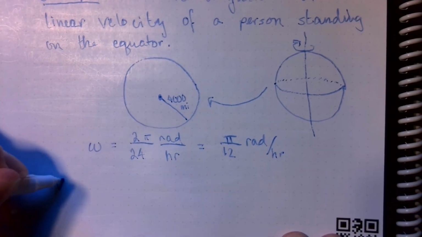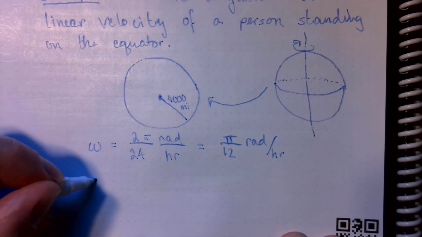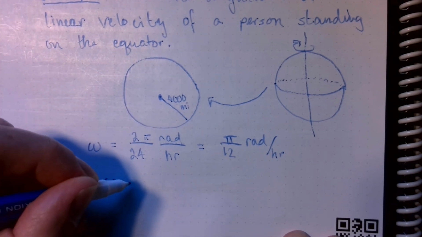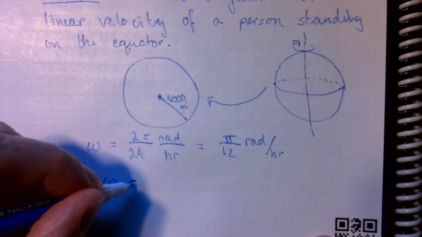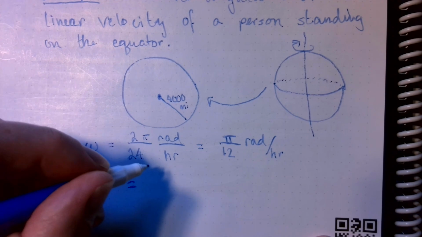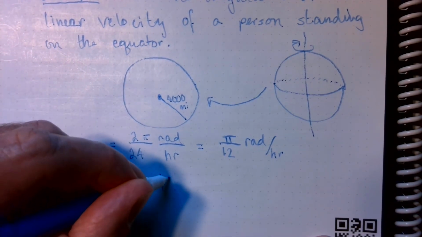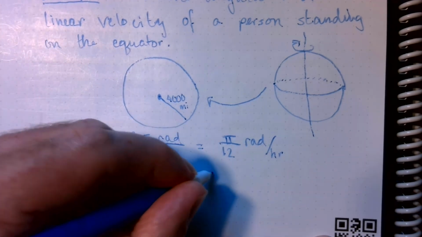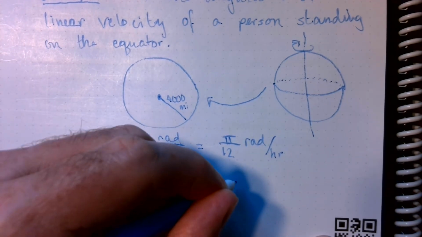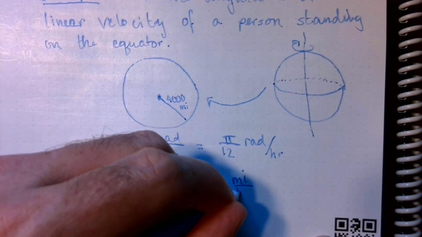Okay, so my linear velocity would be r times omega, which would be 4,000 times pi over 12 miles per hour.